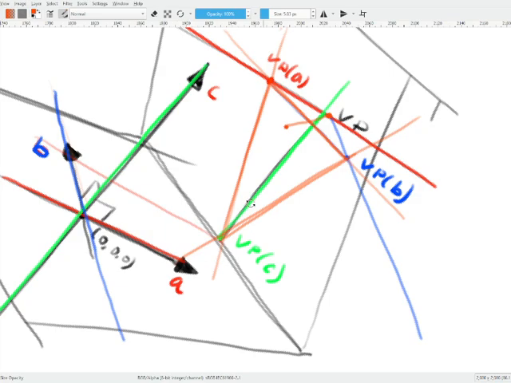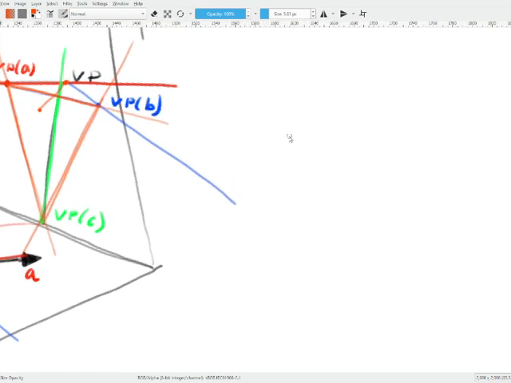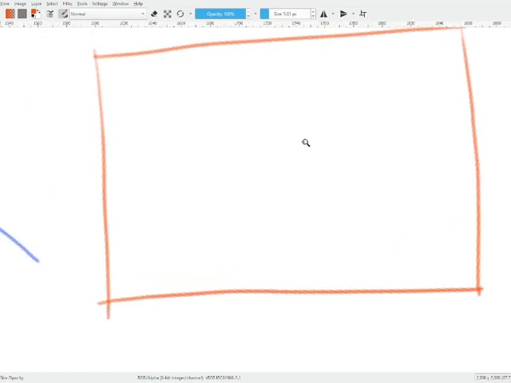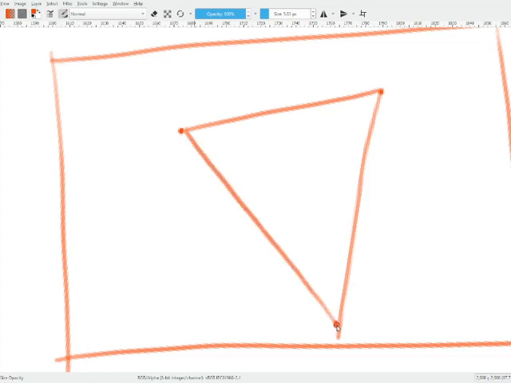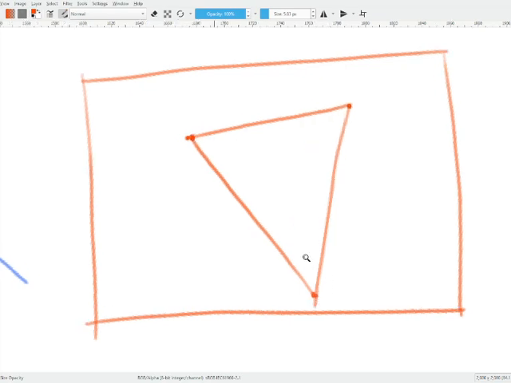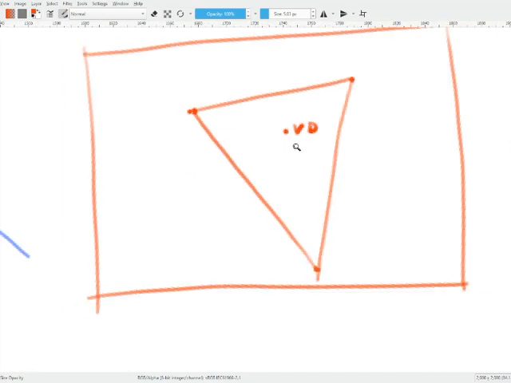If you have some set of vanishing points, like we have on a page, then if you draw some triangle, in some cases, and for some triangles, you could draw a viewing direction.